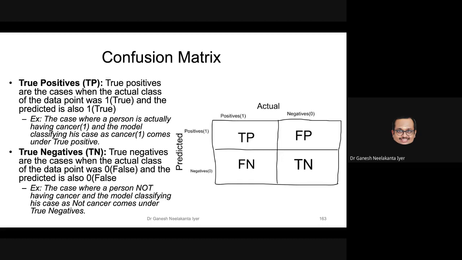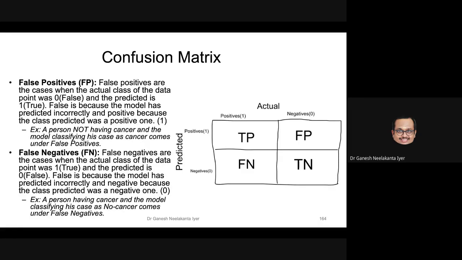Now the matrix values are true positives, false positives, false negatives, true negatives. What is a true positive? True positives are the cases where the actual class of the data point was true and I have also predicted true. Very simple. A person who has cancer, and the model also said he has cancer. That is a true positive. What about a true negative? A person who doesn't have cancer, and the model also said that person doesn't have cancer. True negative.